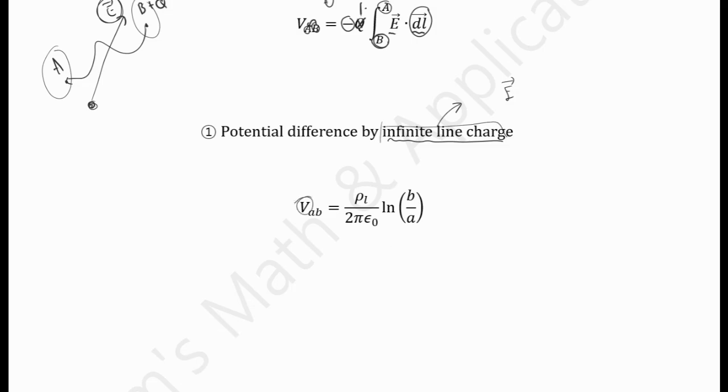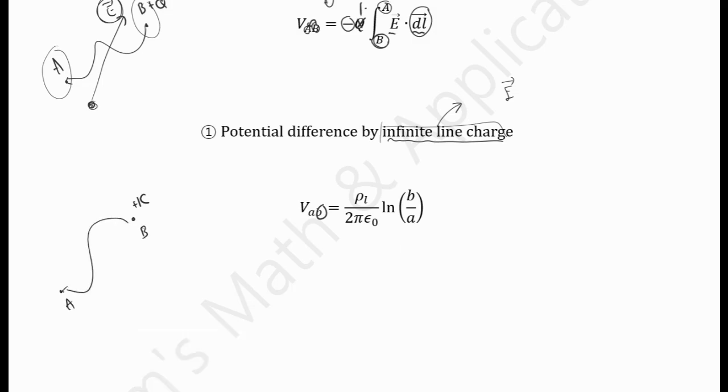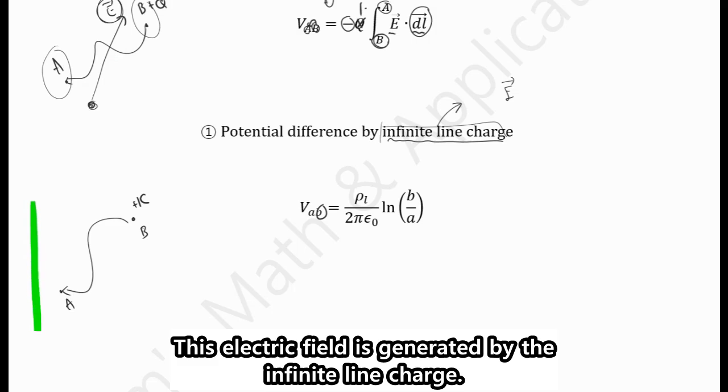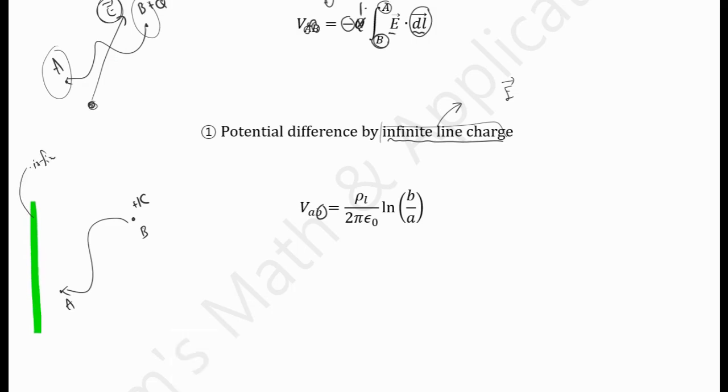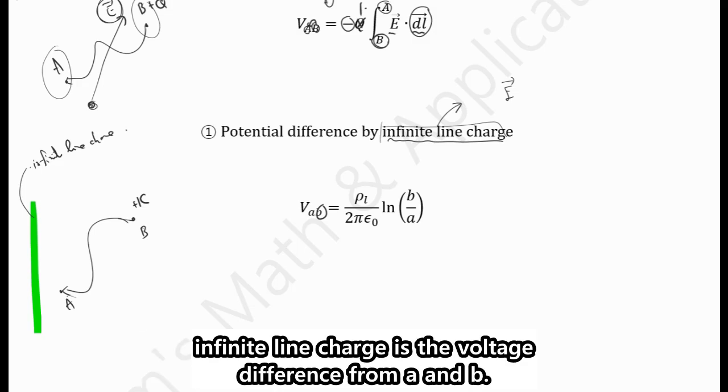So the voltage difference from A to B is the work done in moving plus 1 Coulomb from point B to point A in the presence of the infinite line charge.